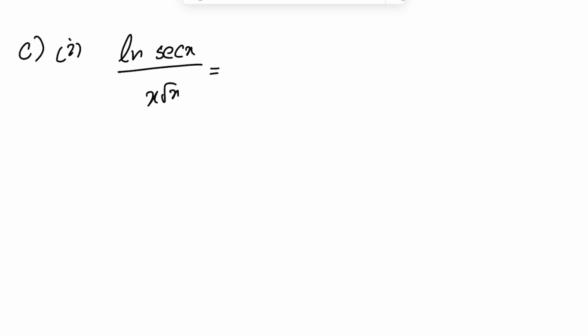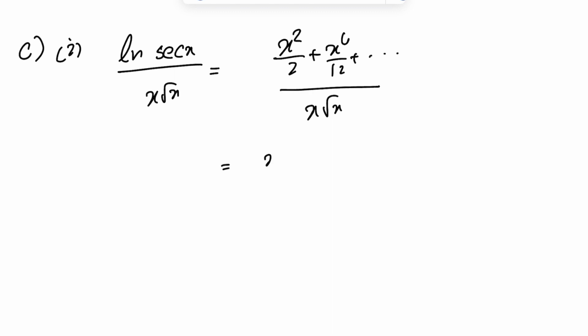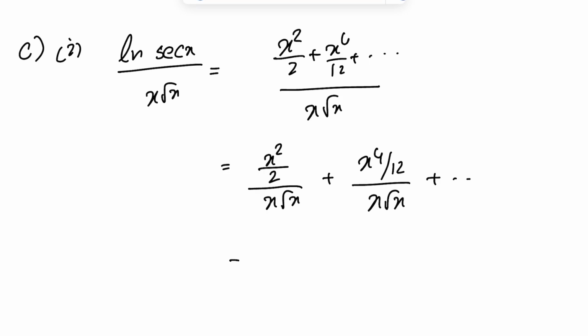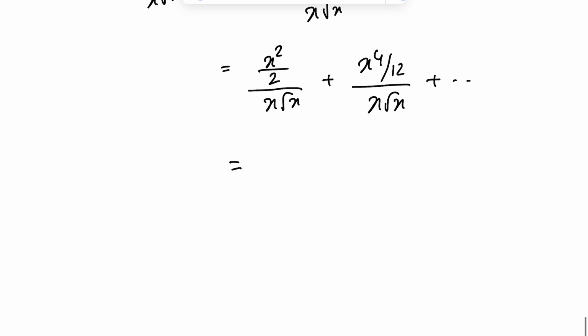What was ln secant x just now? We got x square upon 2 plus x power 4 upon 12 and so on, divided by x root x. So divide each term by x root x. x square upon x root x becomes root x upon 2, and x power 4 upon x root x becomes x square root x upon 12 and so on.